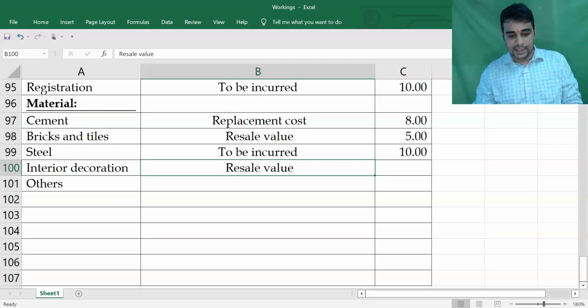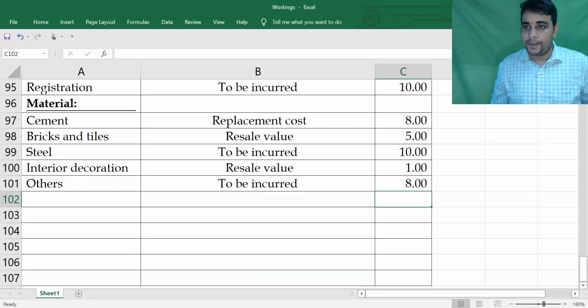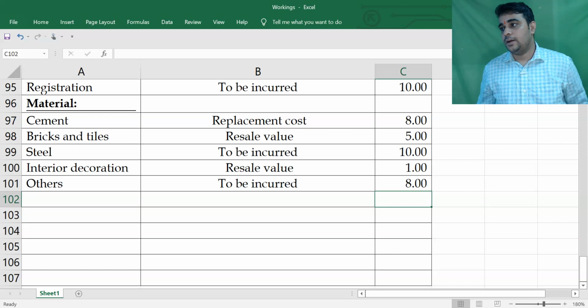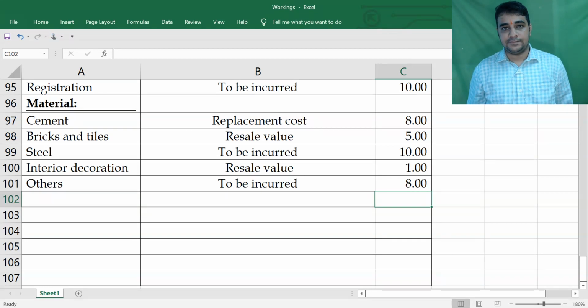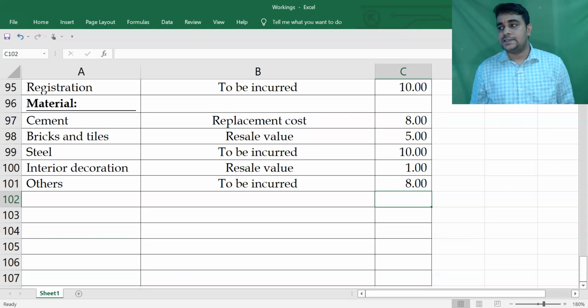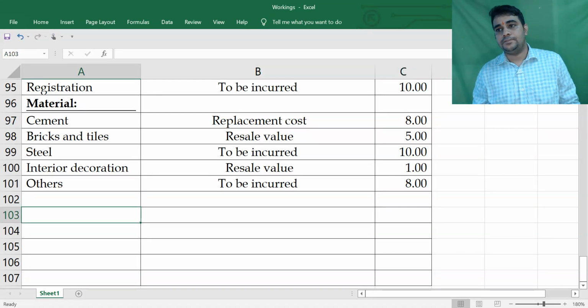So, resale value 1 lakh, and others to be incurred balance 8 lakh, 10 minus 2, 8 lakhs. Cement is replacement cost, bricks and tiles resale value, steel to be incurred, interiors resale value, others to be incurred. Clear?